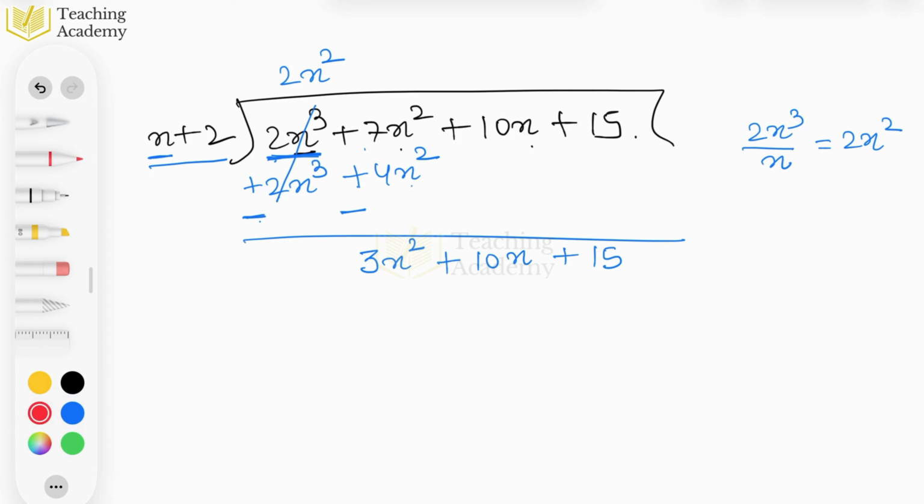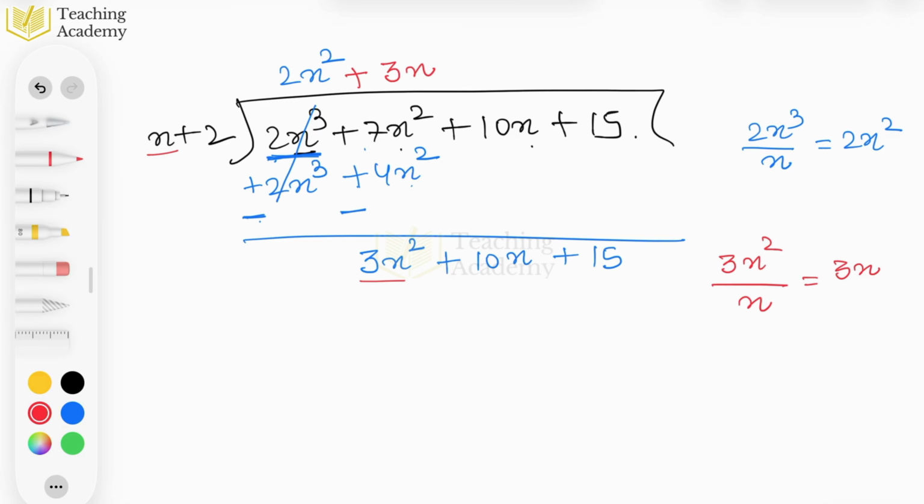Now the next step. Again, you take the same things into consideration. I'm erasing it a little bit so that you understand it better. See the first term and the first term. Again divide: 3x square divided by x gives you 3x, so add 3x here.